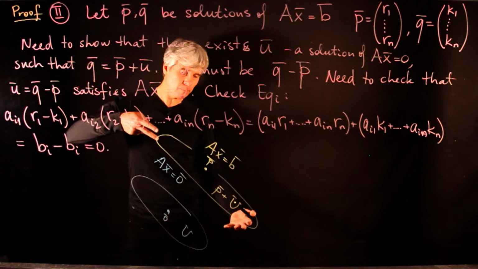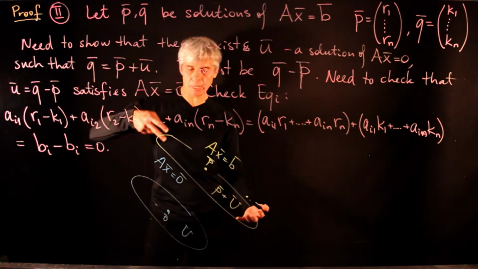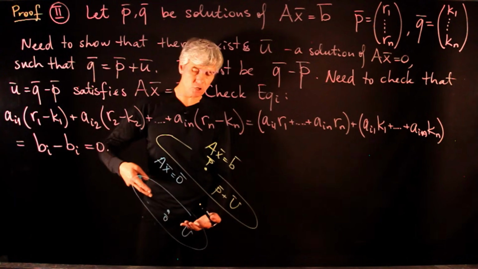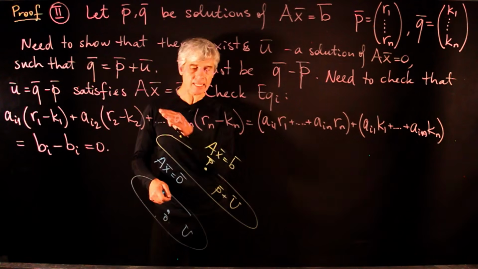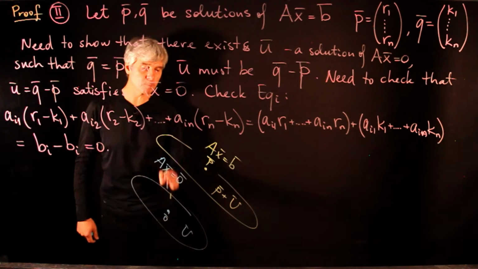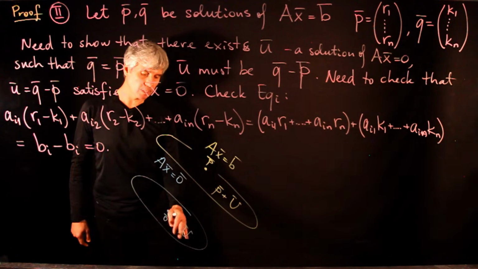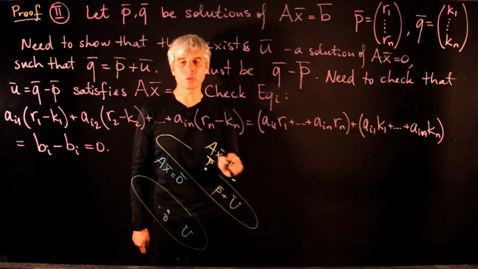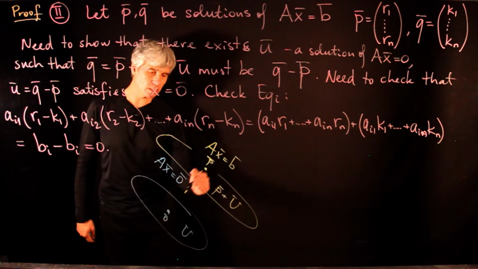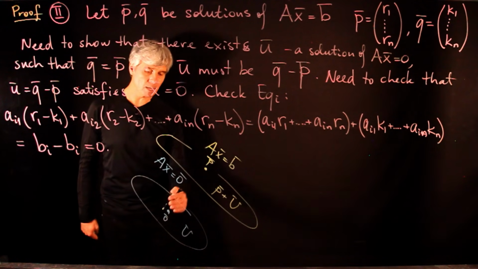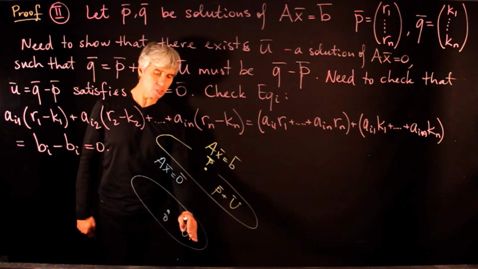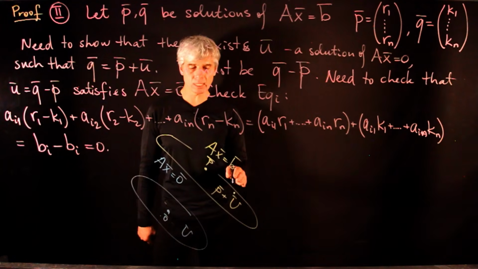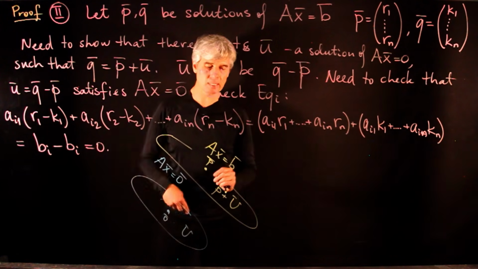So this new set is no longer a subspace because it no longer goes through the origin. But at least geometrically, it's going to be a subset in our vector space which is parallel to the given subspace u and goes through the point p, which is a particular solution. So this is the geometry of solutions of homogeneous systems that are subspaces, and solutions of non-homogeneous systems that are these shifted subspaces.